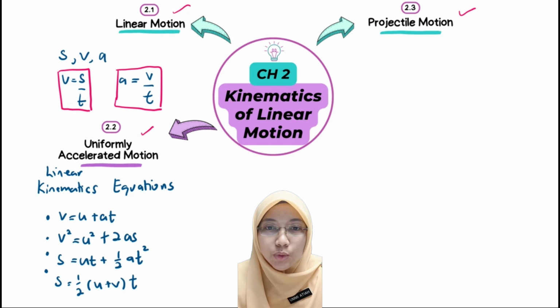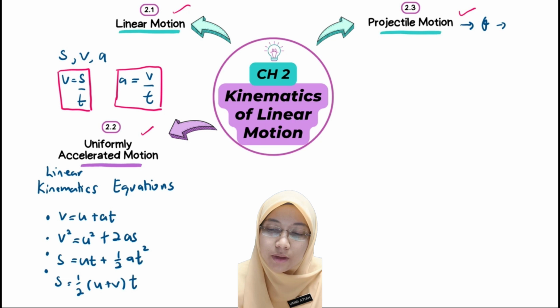And for the last one, subtopic 2.3, we have projectile motion. Projectile motion depends on the angle. If the angle is 90 degrees from the horizontal, so let's say the motion is upward, and the object is in the air, we call the motion projectile motion.